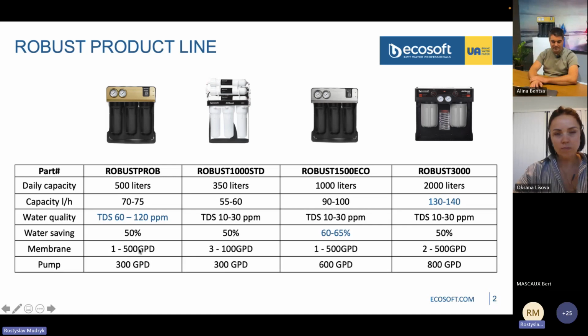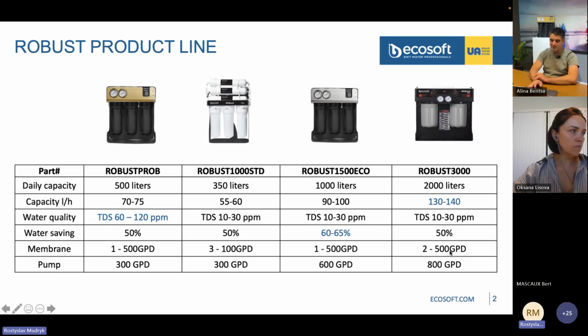Then the membrane. We apply different membranes in these 4 models. We have 2 types, 500 GPD or 100 GPD membranes. You may see that in the Robust Pro and Robust 1500, we have one membrane element with 500 GPD capacity. Then we have 3 membrane elements with 100 GPD.